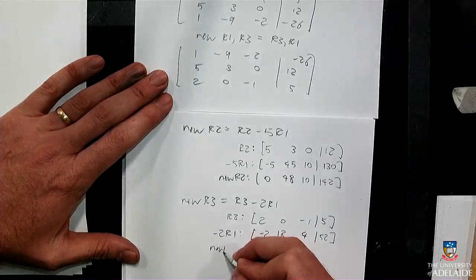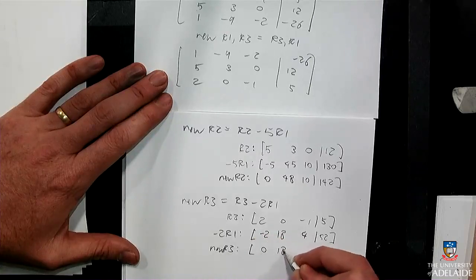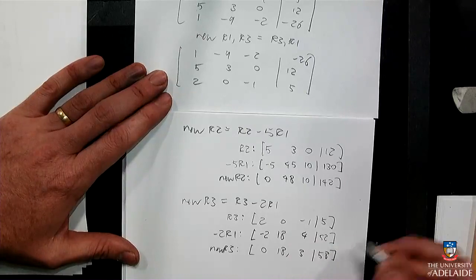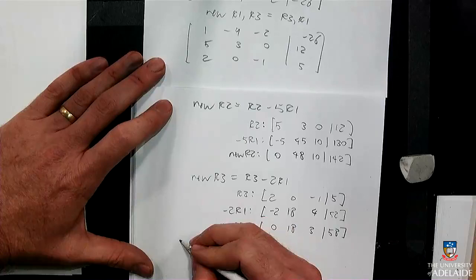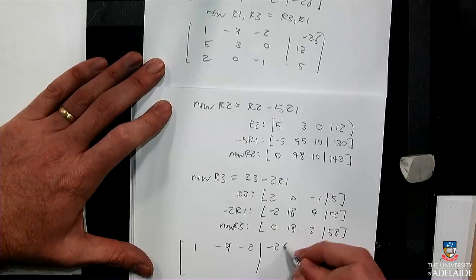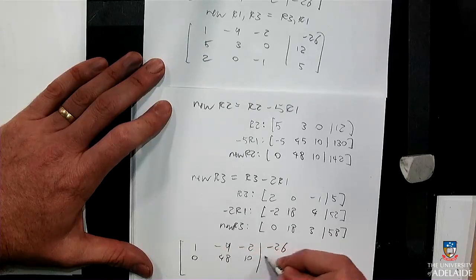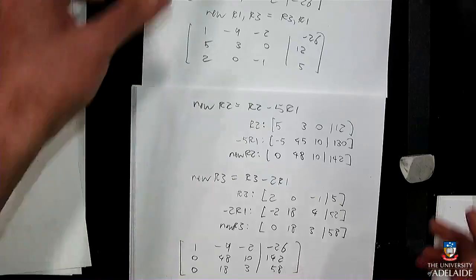And so my new row 3 is 0, 18, 3, and 58. So row 1 is 1, minus 9, minus 2, minus 26. Row 2 is 0, 48, 10, and 142. Row 3 is 0, 18, 3, and 58.